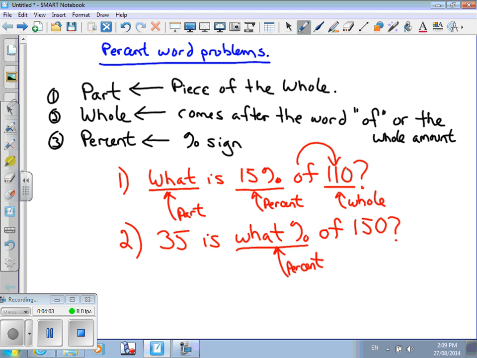We're looking for the percent. Once we learn how to solve these, we will be solving for the percent in this question. Coming after the word of is 150. That is the whole. And 35 is the piece of the whole that we're referring to, so we're going to call it the part.